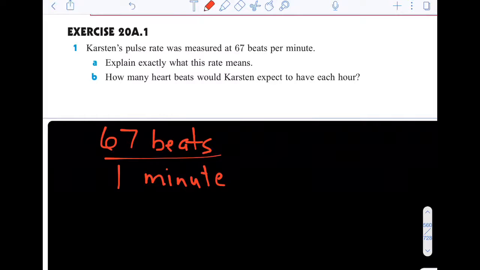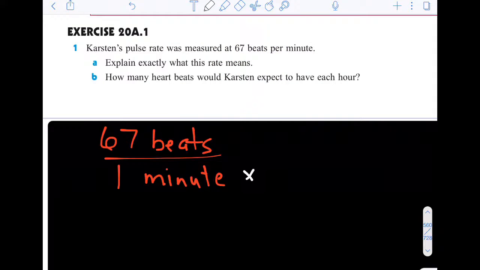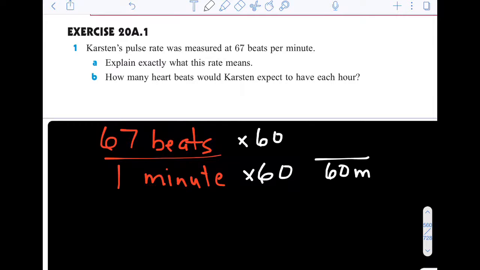Well, this gives us for 1 minute, but 1 hour is 60 minutes, so I'd have to multiply that by 60 to get 60 minutes on the bottom. Whatever I do to the bottom, I'll have to do to the top as well. So I'd take out my calculator and multiply 67 by 60 to find out how many heartbeats we'd have for 60 minutes, and we had 4,020.